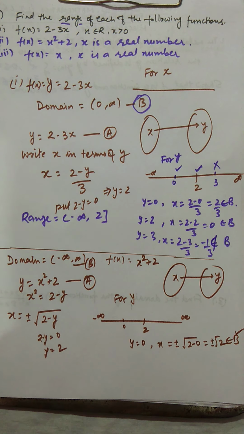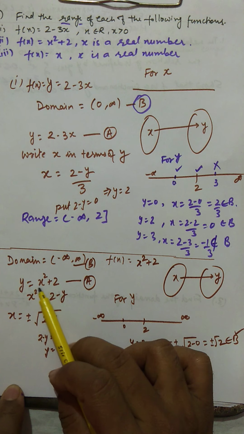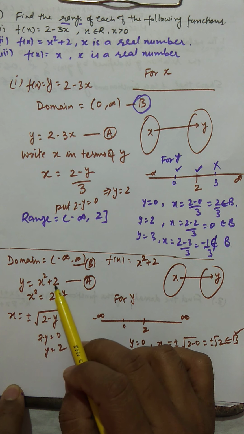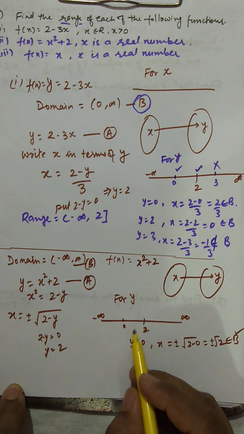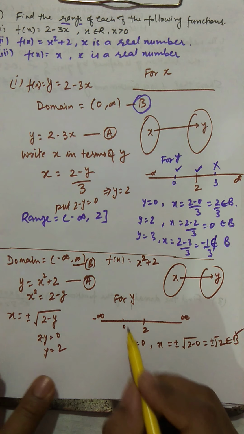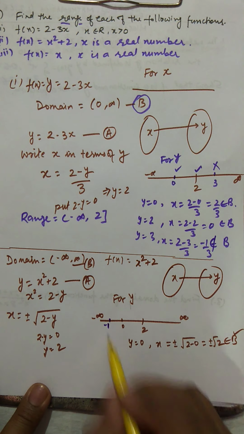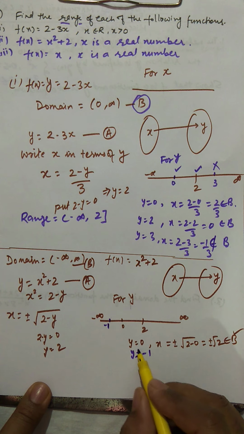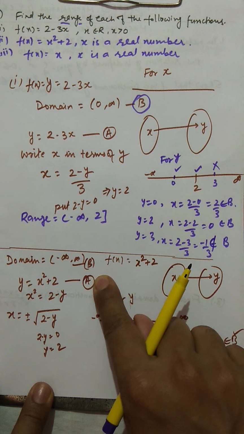But we have to discuss this also, because you see that x square is always positive, and y is x square plus 2, positive plus positive, so y cannot be negative. So it means if I take any value less than 0, like this is minus 1, so y equal to minus 1 cannot be taken, because this is not satisfying condition number 1.